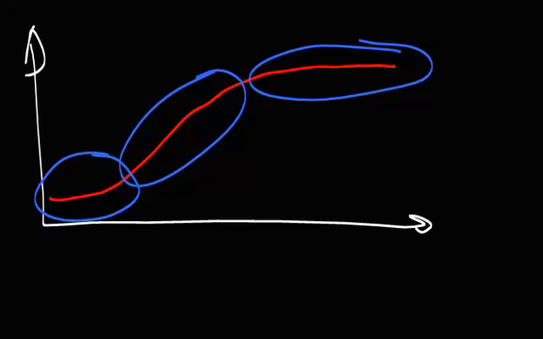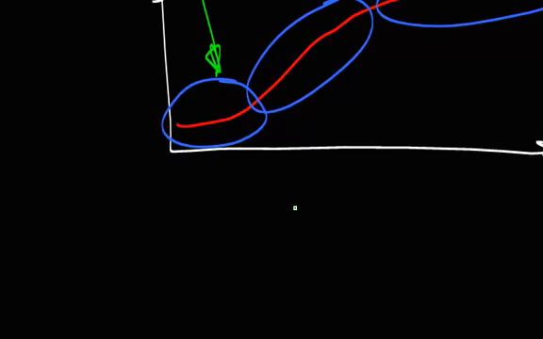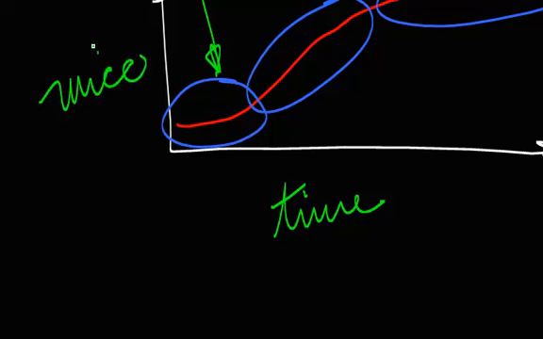So basically in this phase, you only have a few mice. This is time, and this is the number of mice. So in the beginning, they're growing slowly, because there's not a lot of them. Then they grow really fast.